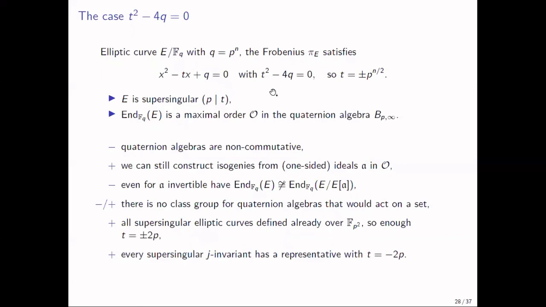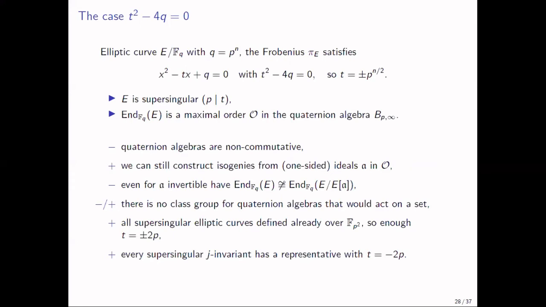Anyway, the thing I want to say is that the trace needs to be equal to plus or minus p to the n over 2. So if the discriminant is 0, then you have this information about the trace. And since the trace is a power of p in this case, it's obviously divisible by p. So this is the case only for supersingular curves.